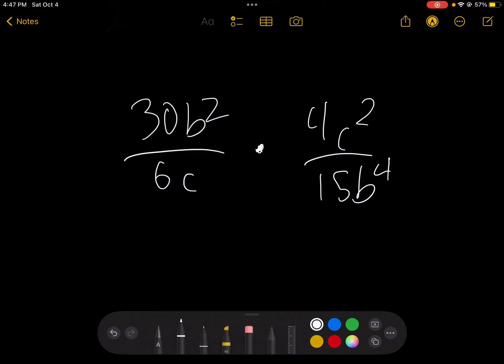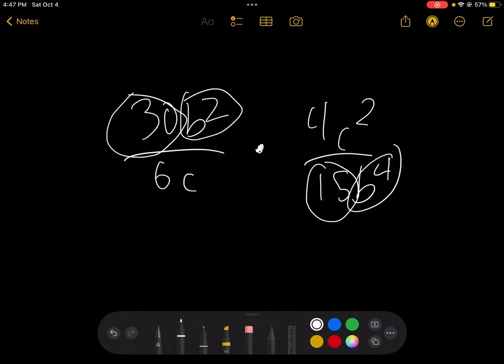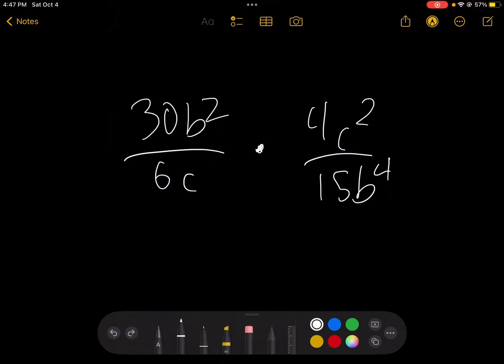First, in canceling, if you find that there's the same variable here, b, and these two also have a GCF, you can cancel them at the same time. Since b squared is smaller than b to the 4th, this one would have the remaining b, and this would have no b anymore. So you cancel this out and then that would become b squared.